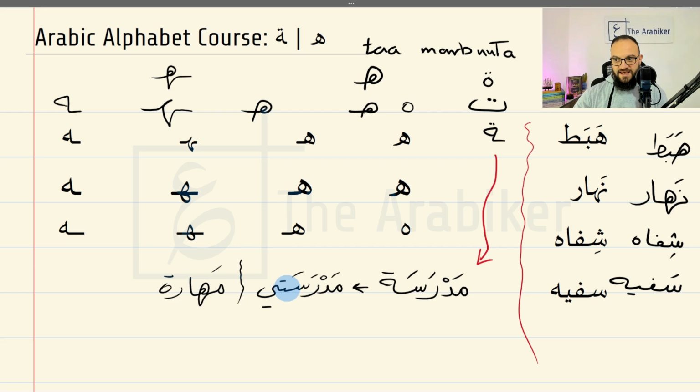Notice that the ta here is written regularly because it's not at the end of the word. Remember, we said that the ta marbuuTa only occurs at the end of the words. Here it's not because we have a suffix now. And it will sound like a regular ta. Madrasati. Madrasati. Okay? Again, another example here.